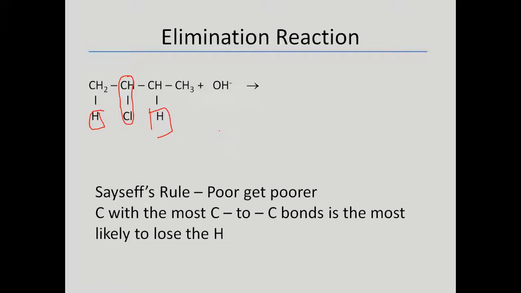Now, just like we had Markovnikov's rule, we have a rule for elimination reactions as well, to make a prediction as to my most likely product. It says that the hydrogen-poor carbon is more likely to lose its hydrogen. So if we look, this carbon has only two hydrogens, whereas this carbon here has three.